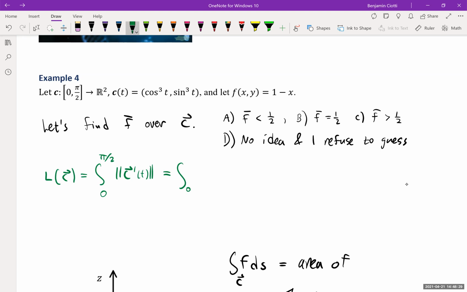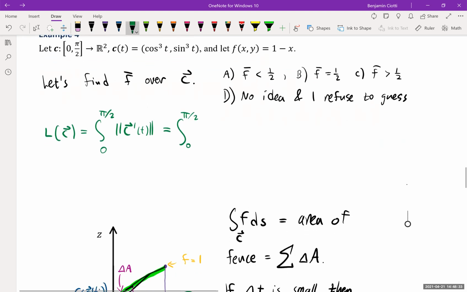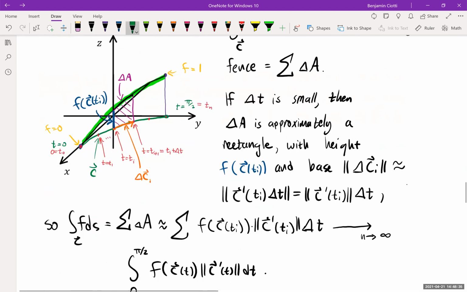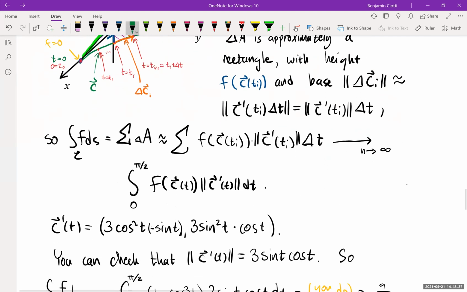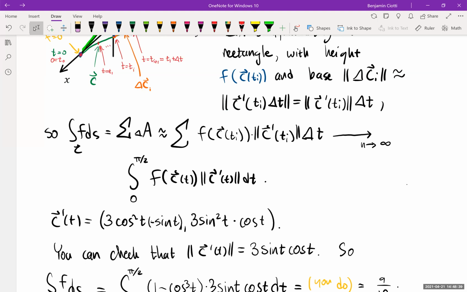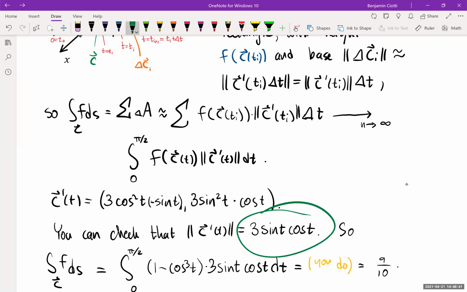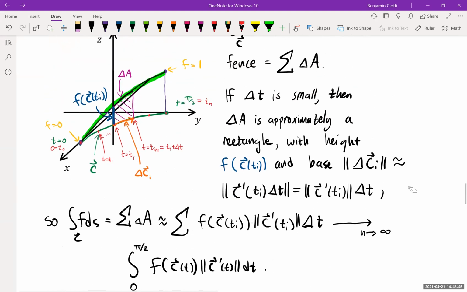The speed, I already mentioned, was 3 sine cosine. Yeah, right there. So let me just plug that in. The integral of 3 times sine times cosine.